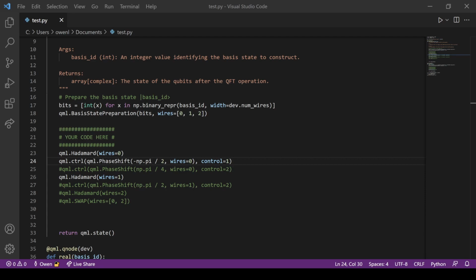And this is one we can definitely do. So we have, oh, did I forget the swap? Maybe. Let me see.